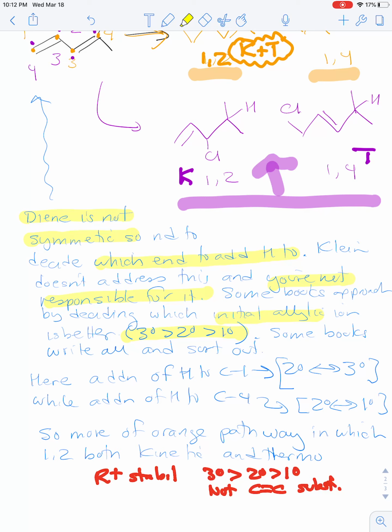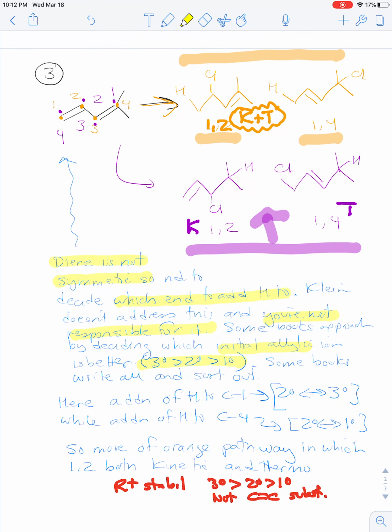And so here, if you add the initial hydrogen to carbon 1 to make the orange product, or the intermediate that leads to the orange products, you end up with a secondary carbocation and a tertiary carbocation in your 2 resonance contributors, and you can tell that because the chlorine ends up secondary and tertiary.